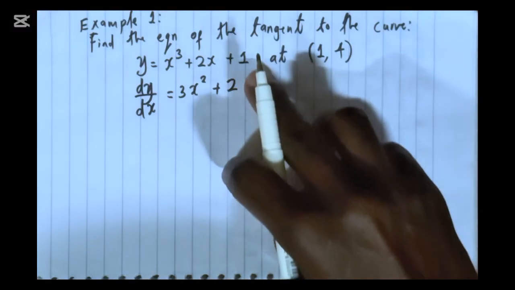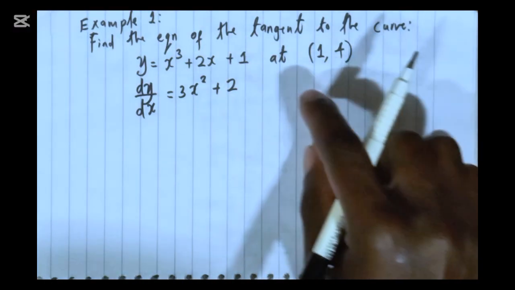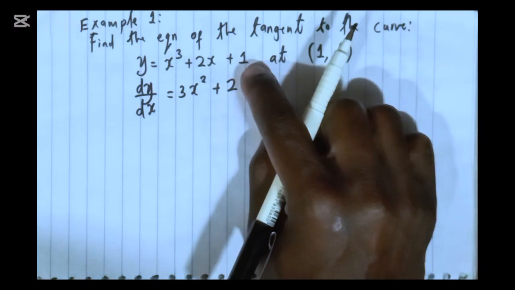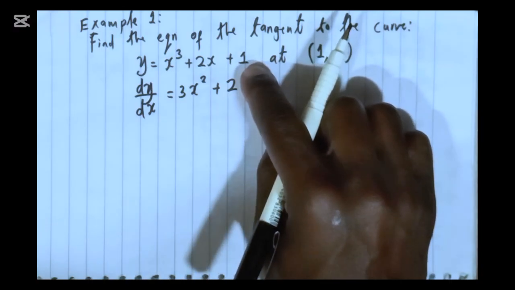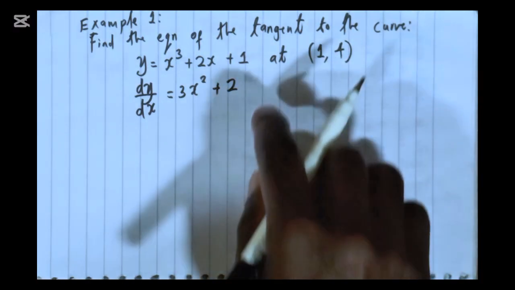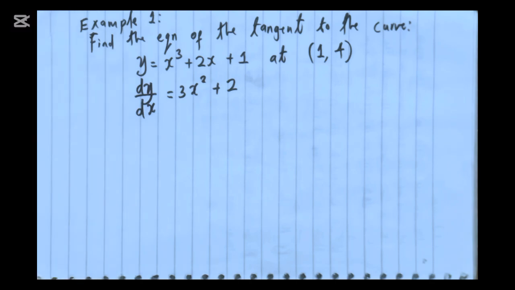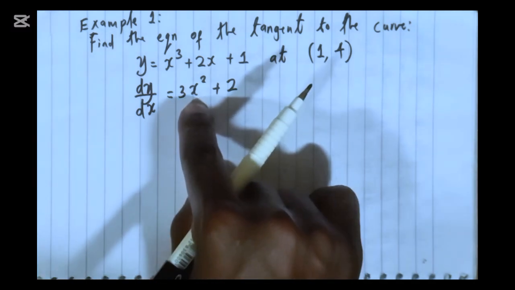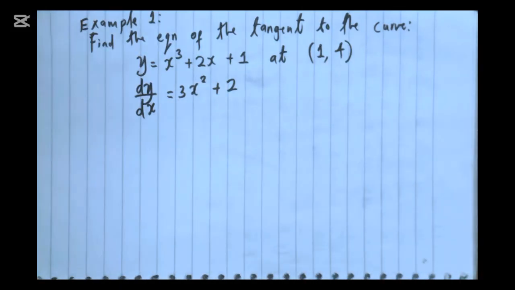And of course, we all know that the derivative of any constant is always equal to 0. So the derivative of 1 there is equal to 0. And so our gradient function in this particular case is 3x squared plus 2.